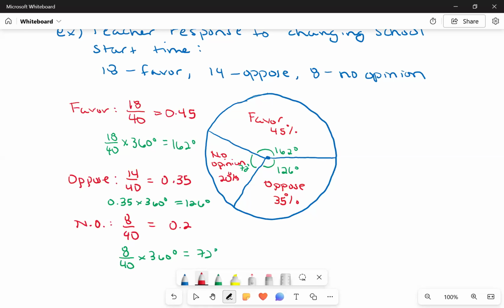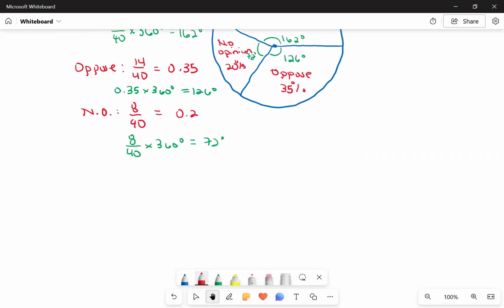Okay, so because there's so many numerical graphs, I'm going to go ahead and put a couple of them here because they kind of build on the bar graph scenario. All right, so we're going to move into numerical data. The first type is what we're going to call a pictograph.